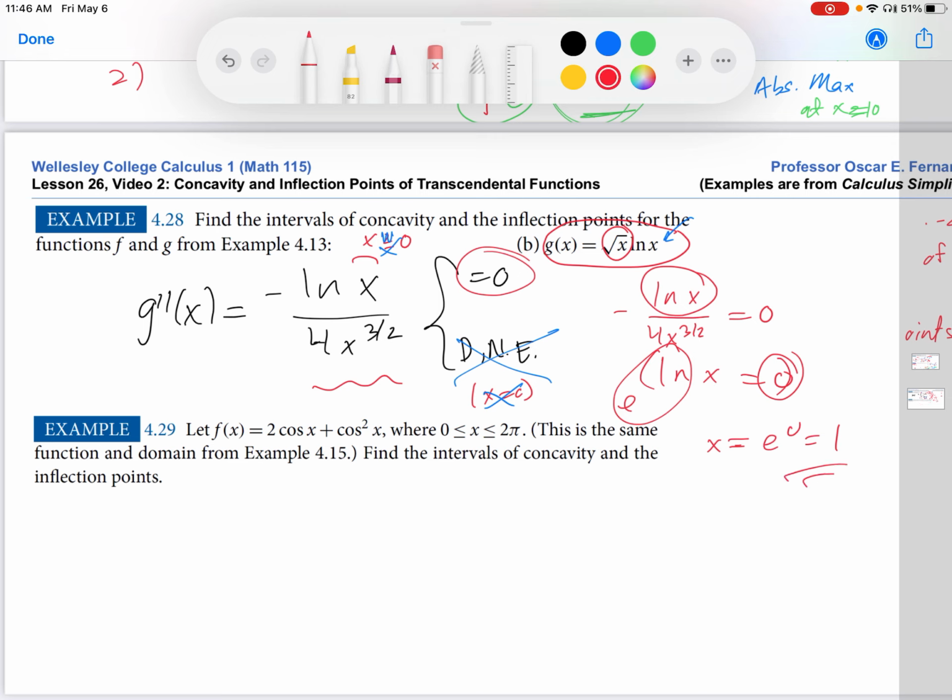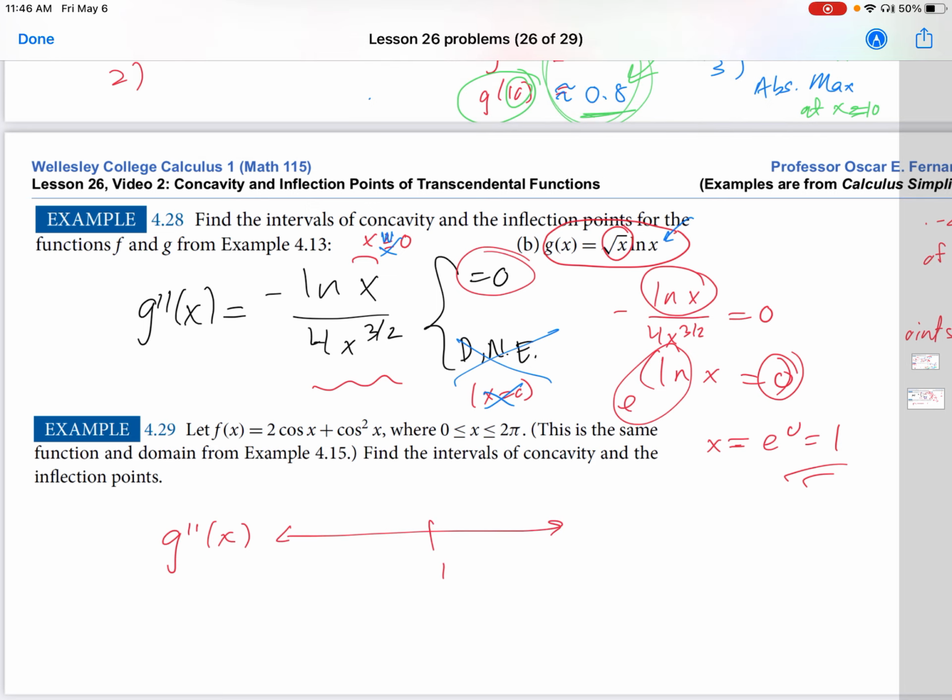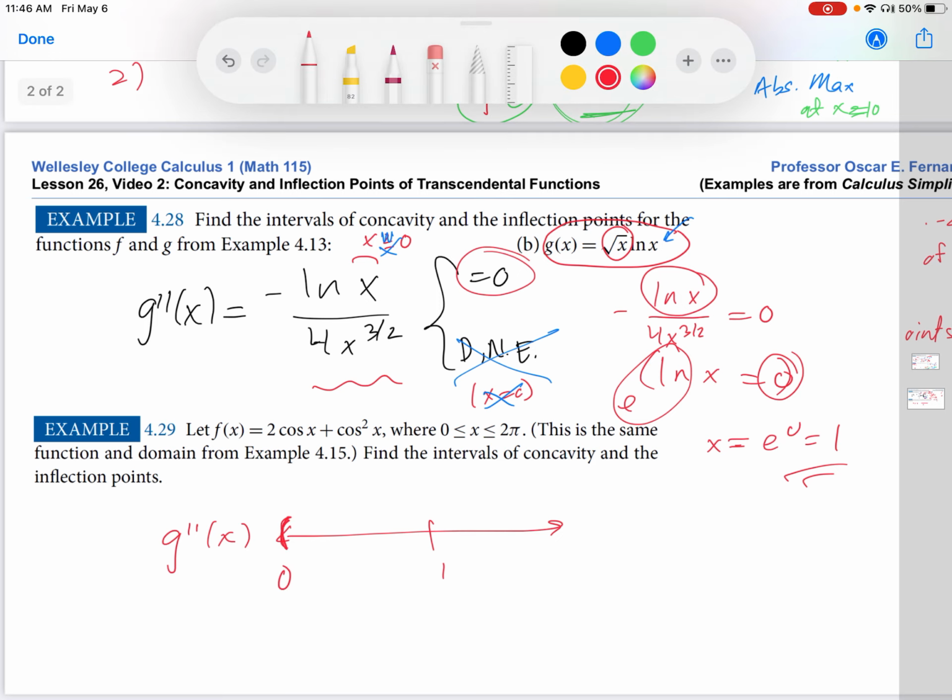And now, finally, I can generate my sign chart here. X is 1. I'm going to put 0 over here, and I'm going to put a parenthesis. We don't want to use test points here to determine the sign of g double prime. We don't want to use test points that are less than or equal to 0 for all the reasons that we just talked about. Okay, and now I just insert some values here.